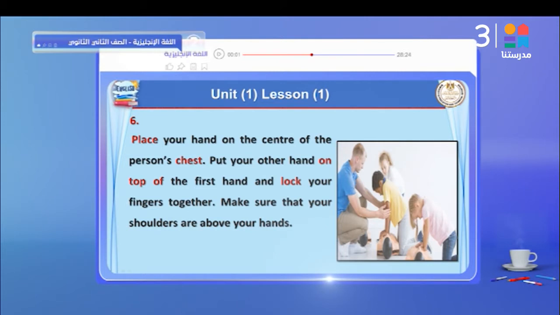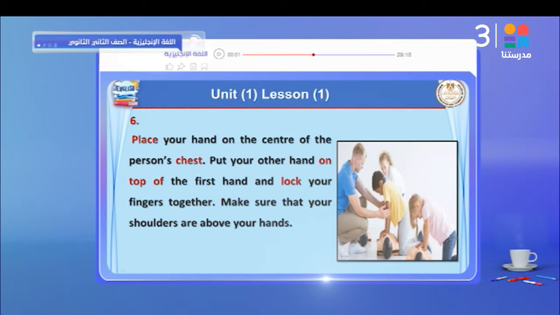Put your other hand on top of the first hand. الإيد التانية you're gonna put it on top of. ما قاليش in top of, لا on عليها. On top of the first hand. Okay? And lock your fingers together. يبقى احنا هنحط الإيدين فوق بعضيهم and lock your fingers together. The word lock, it's like locking the door or your locker.